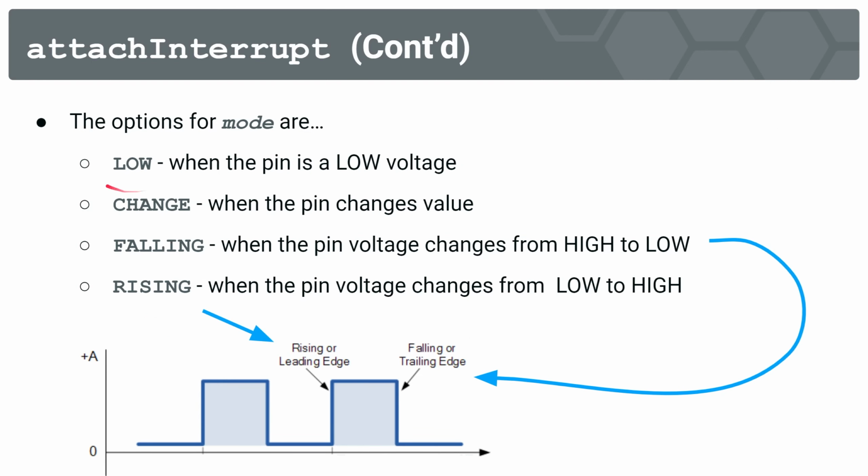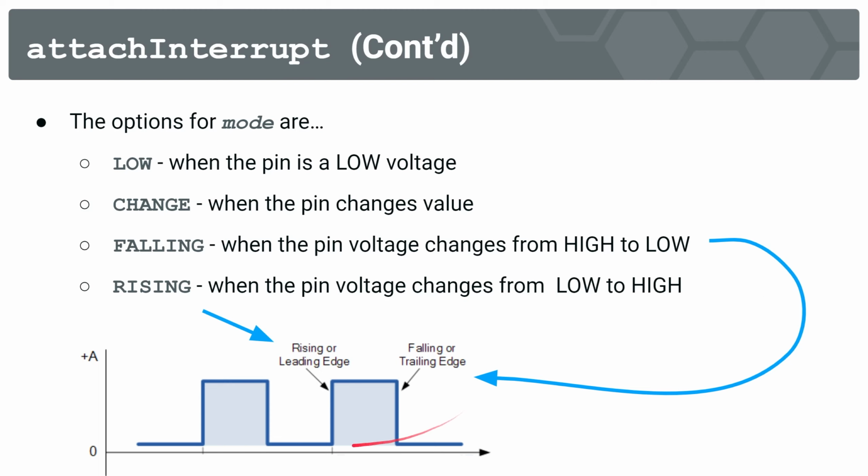You could set the mode to LOW. And so for the digital pin to which you've configured this interrupt, when the pin voltage is low, that is what triggers the IRQ. You could set it to CHANGE instead. This triggers the IRQ whenever the pin changes value from low to high, high to low, whatever. Whenever it changes. You could set it to FALLING mode. It only triggers the IRQ when the pin voltage changes from high to low.